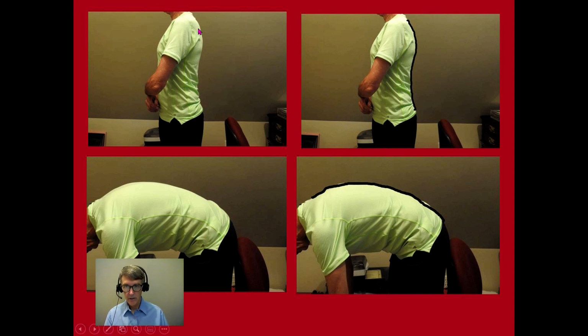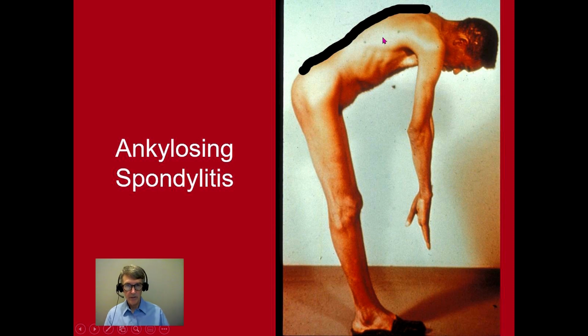You can see again the normal dorsal kyphosis with lumbar lordosis, and I outline that here. And as one reaches for the floor, one loses the lumbar lordosis, and the spine almost gets this C shape. You can see that there's this C shape here, and that's normal. That's what happens in normal function. What we see in this gentleman is as he reaches for the floor, there is not loss of that lumbar lordosis, and so you still see the flattening of the spine there.